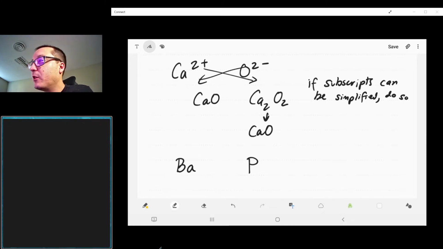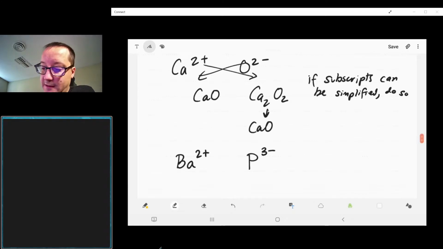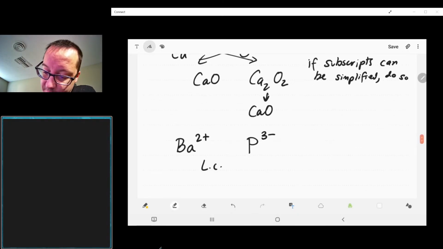How about we do the compound between barium and phosphorus. If we look up their charges on our periodic table, we'll see barium makes 2 plus, phosphorus makes 3 minus. If we do the least common multiple, that's going to be 6, right? We would just multiply the two together. So we want each of those to have a charge of 6.